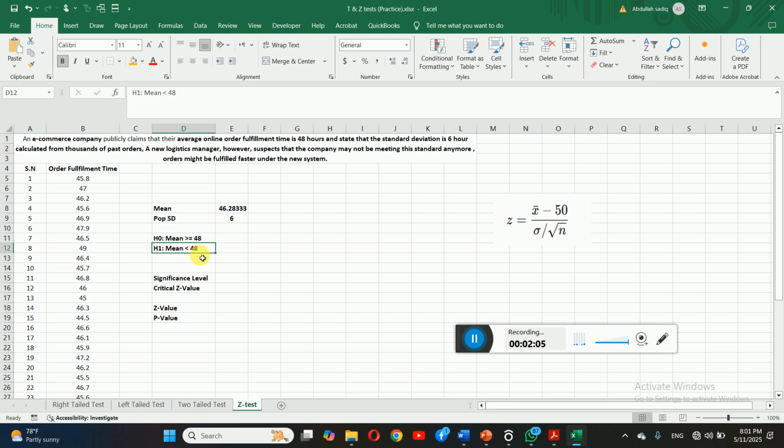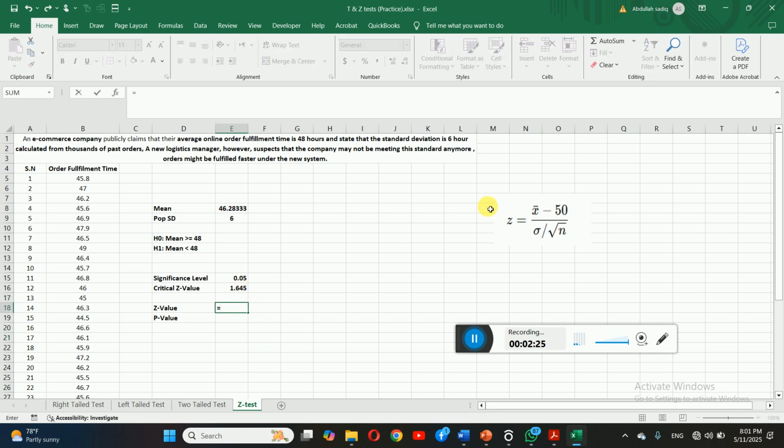So the order fulfillment time is less than 48 hours. For this claim, you must have a significance level to test. So the significance level is 0.05, and the critical z value for 0.05 is 1.645, dear students.